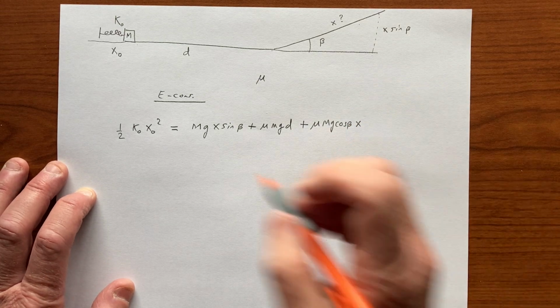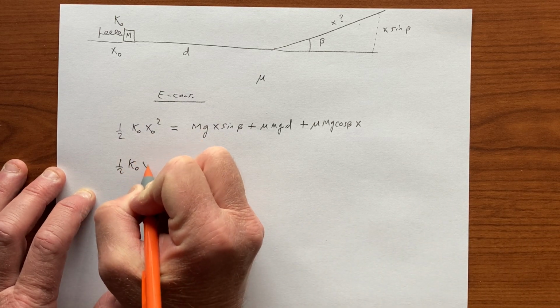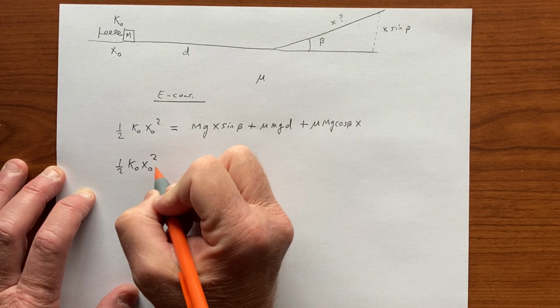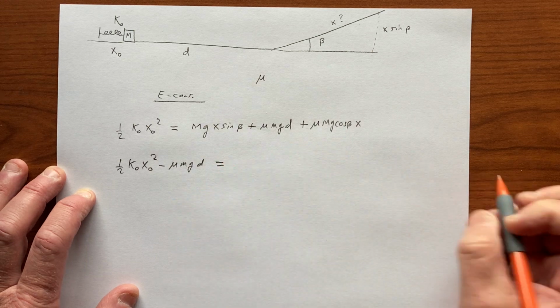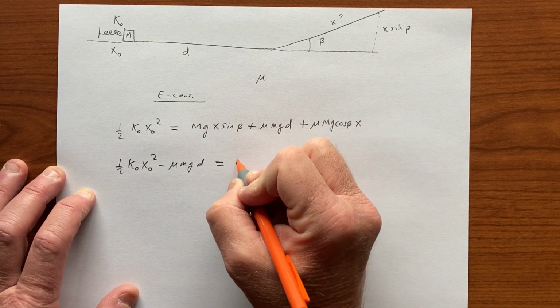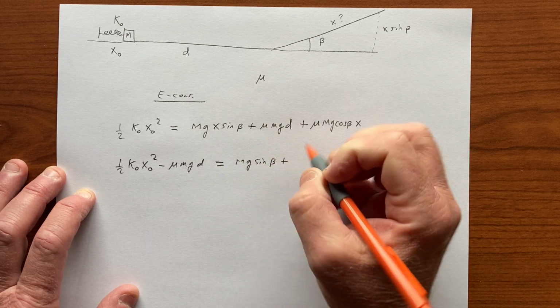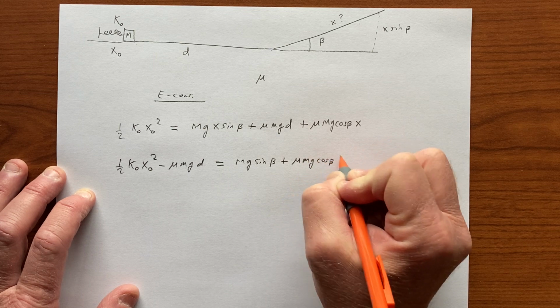And so now we're solving for x. So we can do this in a two-step process, 1/2 k naught x naught squared, minus mu mgd. That's going to equal to these two terms, which have the x in it. So we'll do mg sine beta plus mu mg cosine beta.